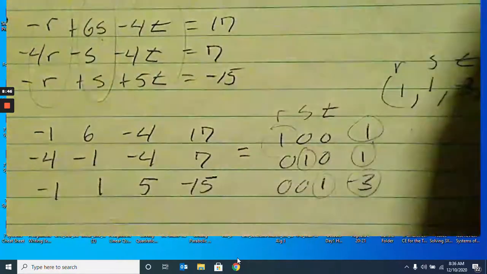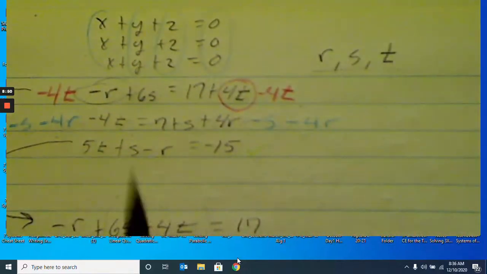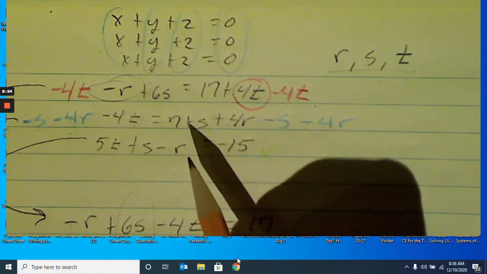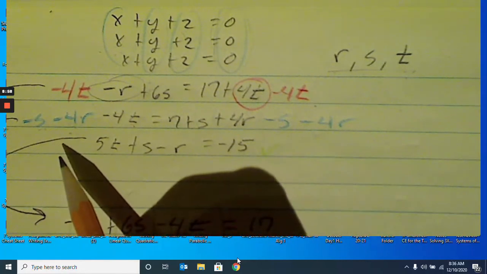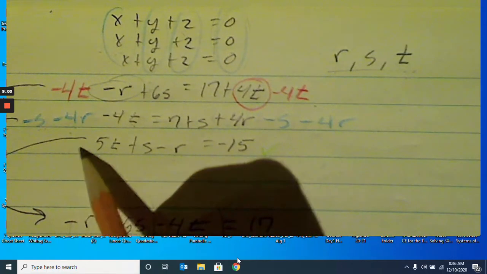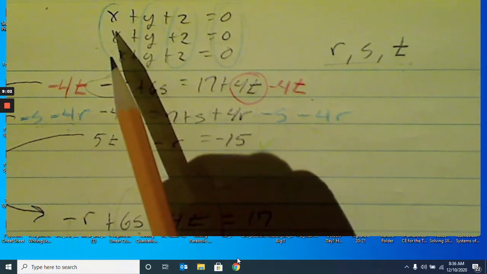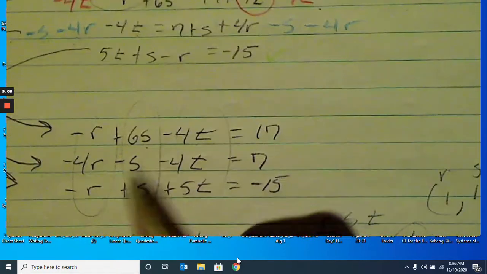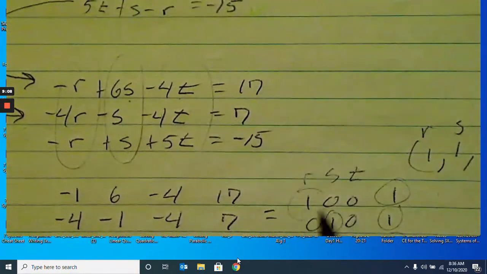So when it comes to rewriting in standard form, please understand that there's no exact way of doing this. My suggestion is move everything left every single time, but it doesn't necessarily have to be like that, so long as it's written in the correct standard form, like this. Then this will give you what you're looking for.